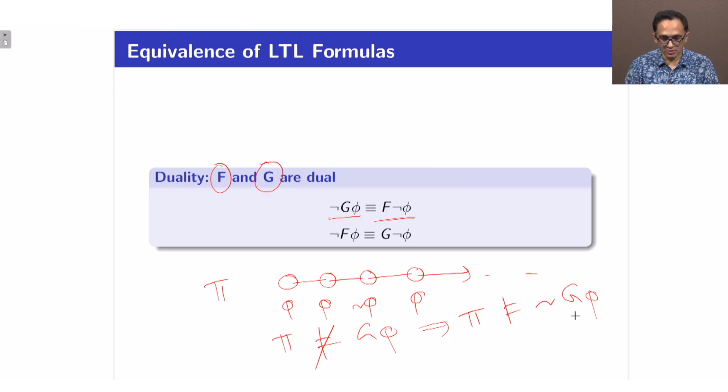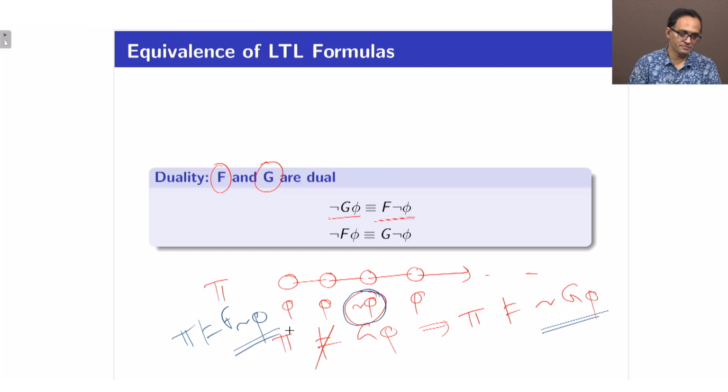Since in this path phi is not holding in every state, there is some state in the future where not phi holds. So this pi satisfies future of not phi. So I can write that not of G phi is equivalent to F of not phi.